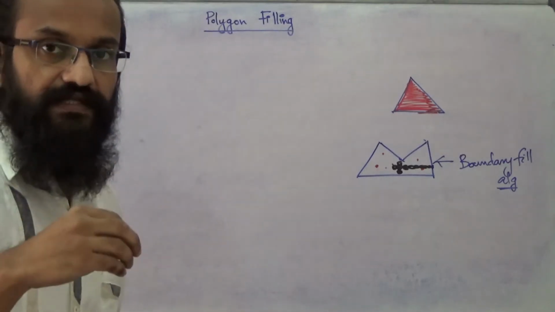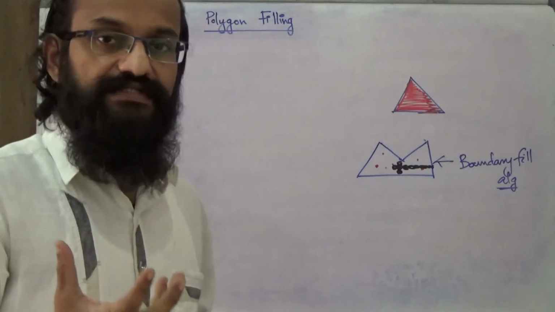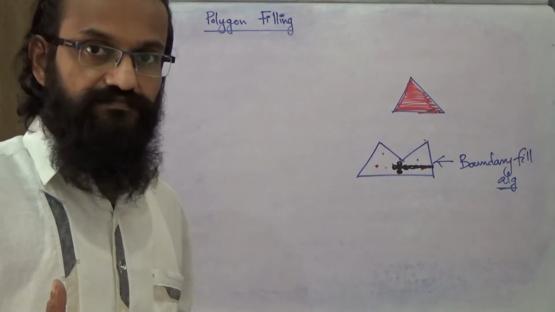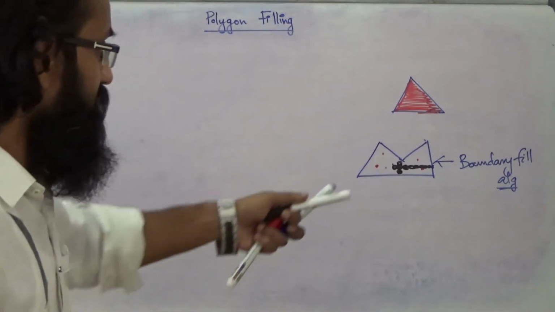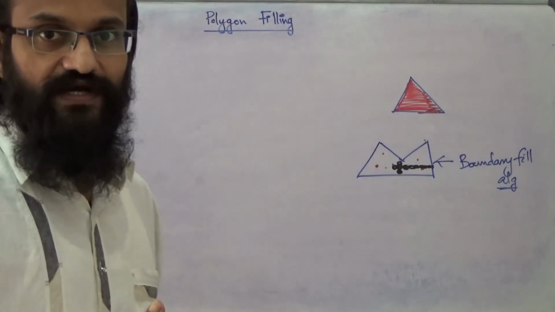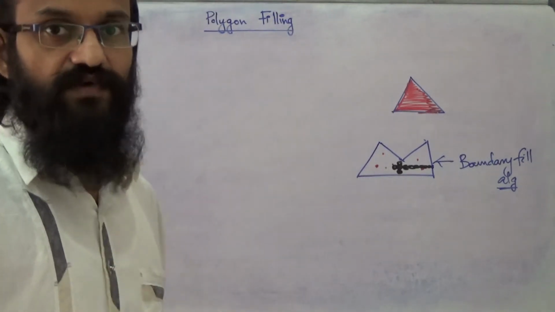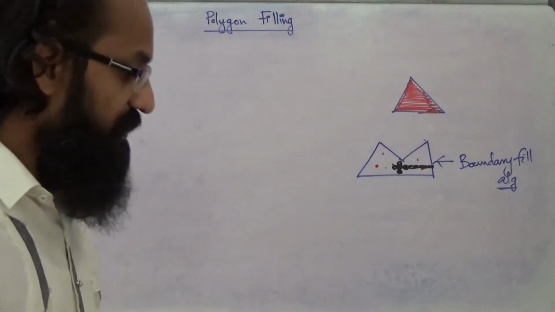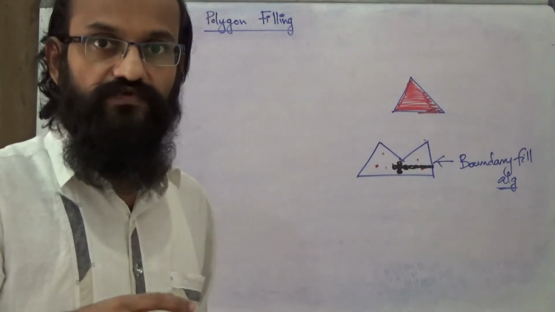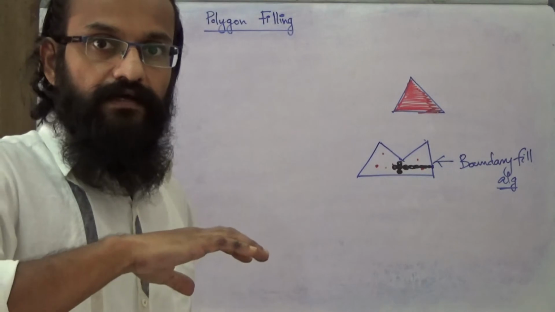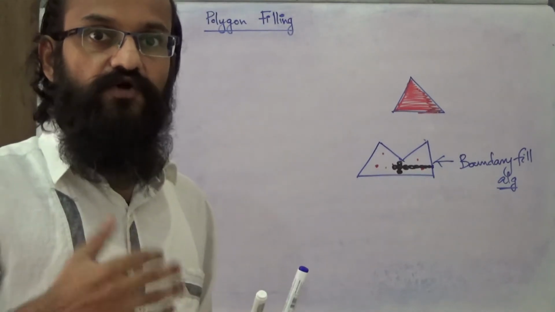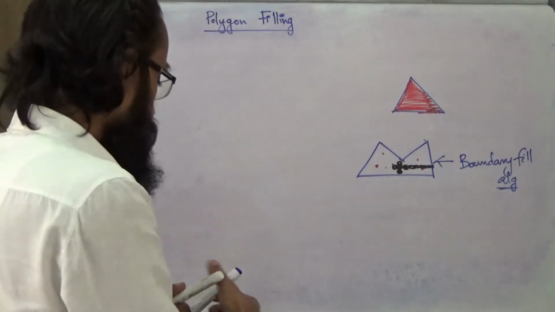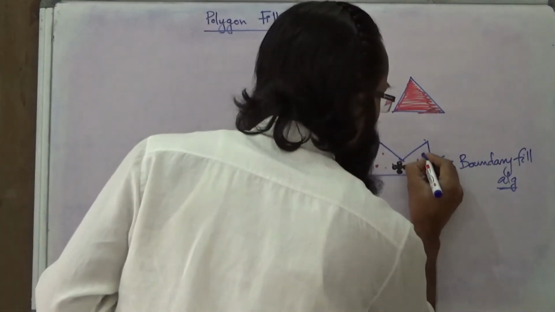So start from the interior pixel, check whether interior pixel is of boundary color. If it is not boundary color, fill it with new color. Our new color is black color, fill it with new color and proceed until you reach boundary. That is the basic idea behind boundary fill algorithm, and for this algorithm to work properly, boundary must be of unique color and interior pixels cannot be of boundary color. So assume that you are having an interior pixel which is of boundary color.